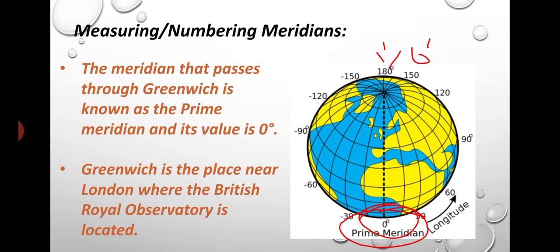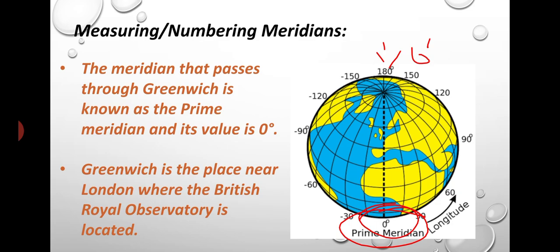This Greenwich is near London, and in Greenwich, the British Royal Observatory is located. At that place, the 0 degree prime meridian is marked.